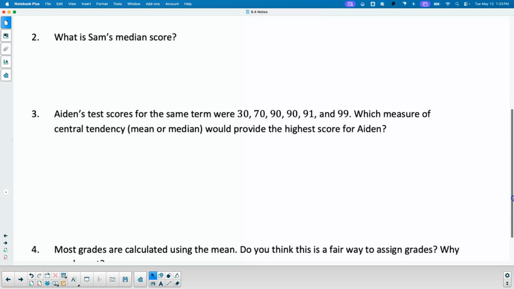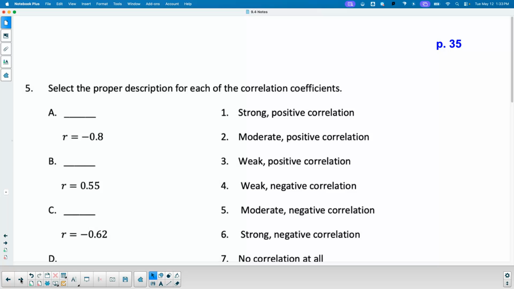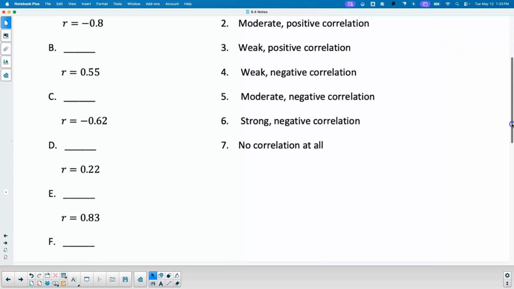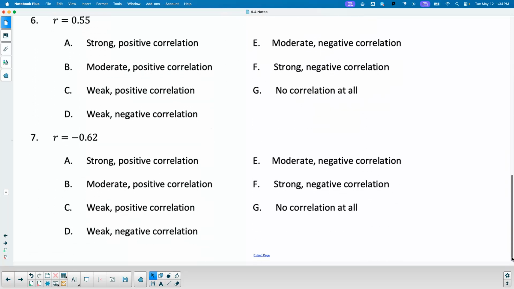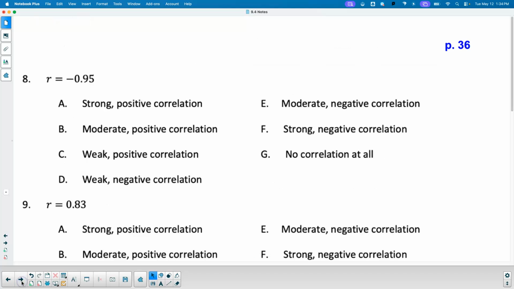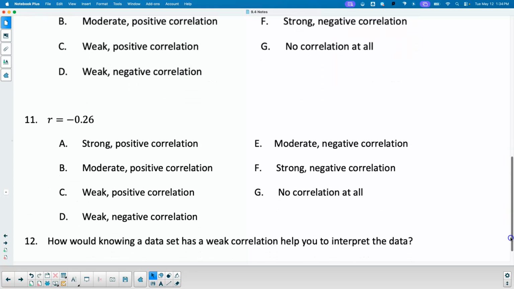Both grades calculated. That's a thinking problem. We can handle that one. Ooh, that one looked like we just did that one today. That's a good one. Bunch of different correlation coefficients there. Oh, more correlation coefficients. Multiple choice. Yes, please.